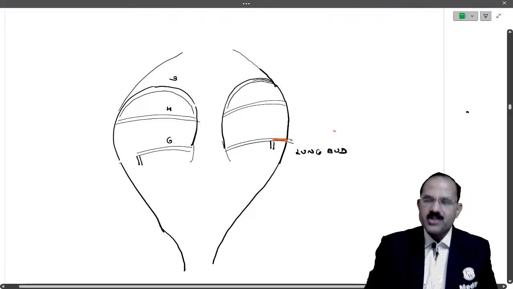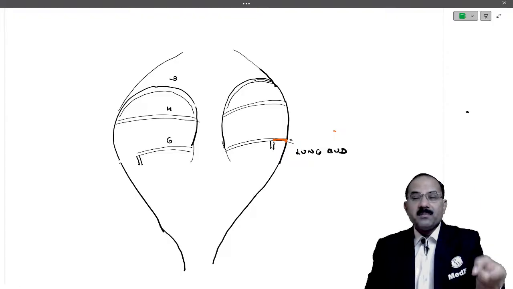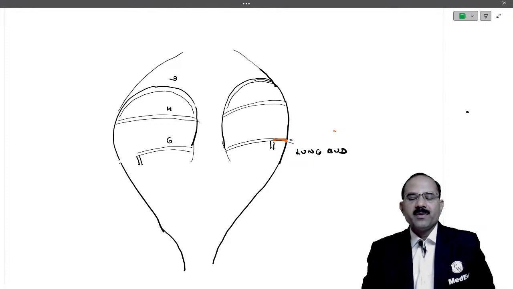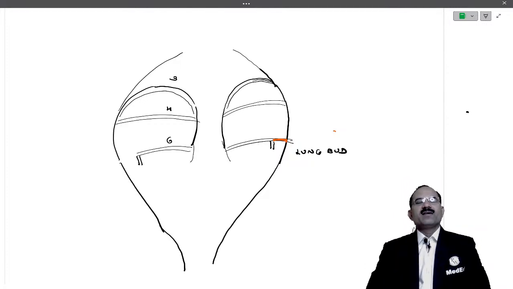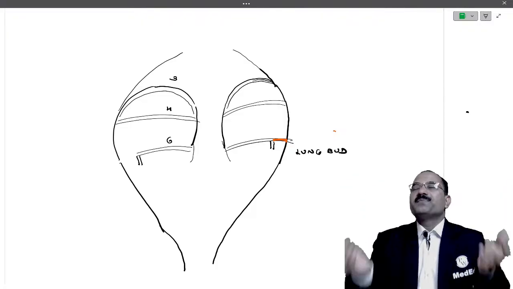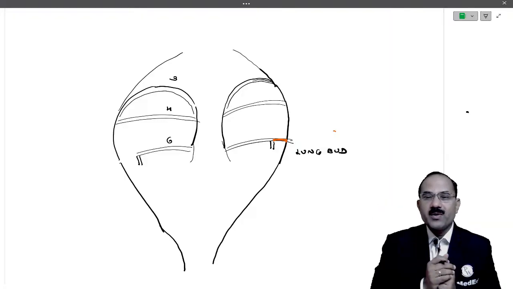This is a communication between the sixth arch artery, the future pulmonary artery, and the aorta. What's that? Yes, very good, Paridhi. That's the ductus arteriosus. Very good, Krutarth. So what is the ductus arteriosus going to connect? It connects the pulmonary artery with the arch of aorta.